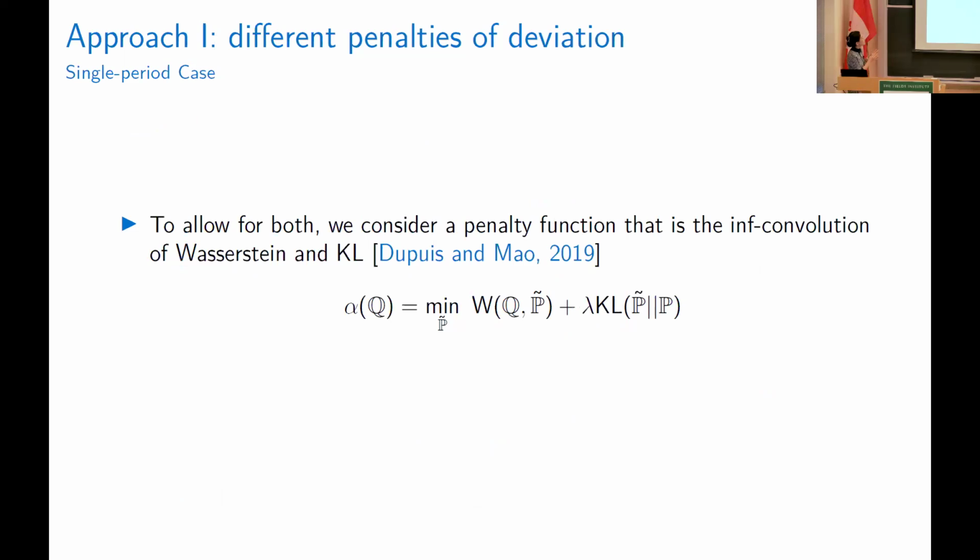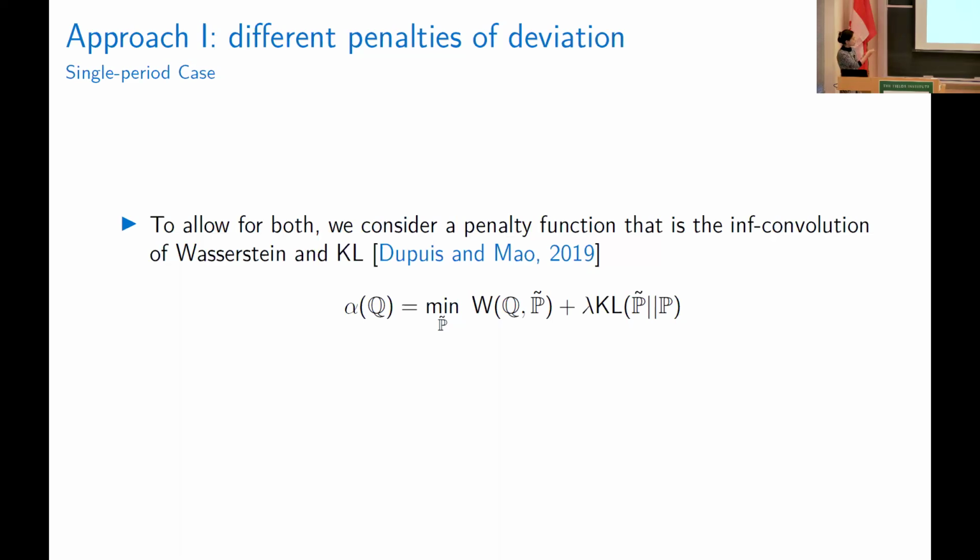If we allow for both the deviation of the likelihood and the states, it is very natural to define the penalty function as the inf convolution of the Wasserstein and KL divergence. People sometimes call it the gamma divergence in the literature.